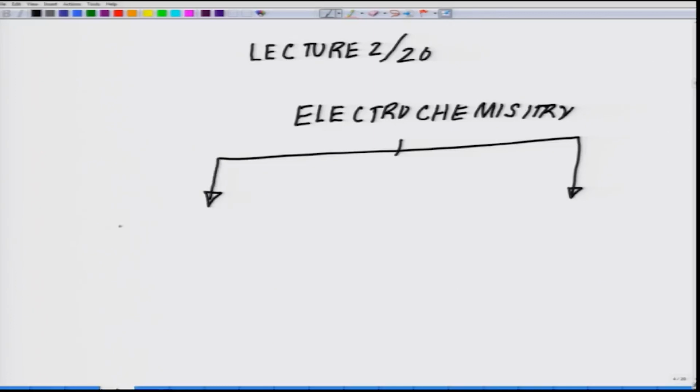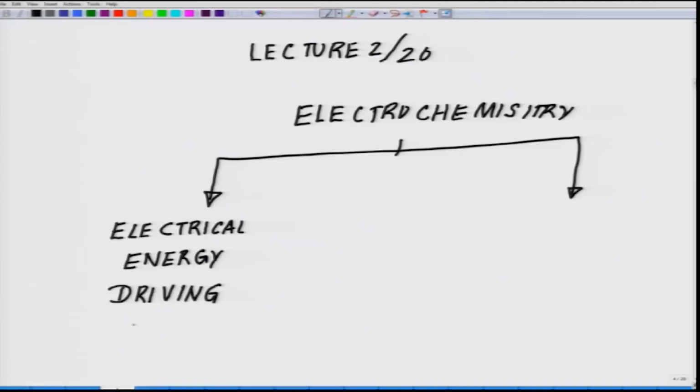So, one is electrical energy driving a chemical reaction.